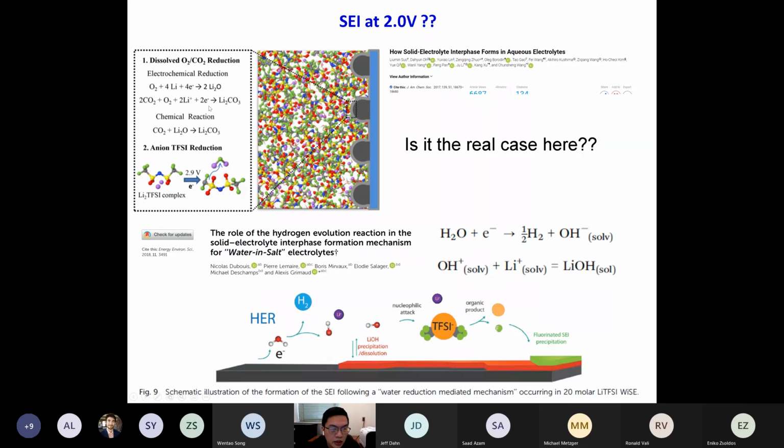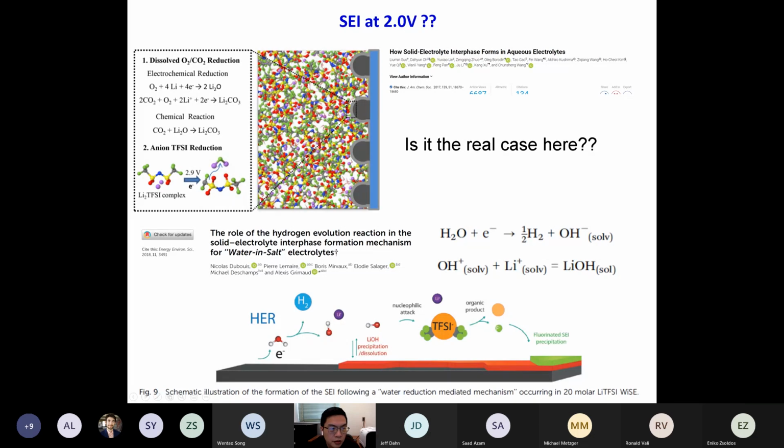And slightly lithium carbonate. That makes people very confused, because you only have the lithium triflate salt in this electrolyte. So why can the lithium triflate salt decompose at 2 volt? It's a very unusual thing, right? People actually didn't believe that at the beginning. So Dr. Stoll published a paper in JACS a few years ago, trying to explain why.